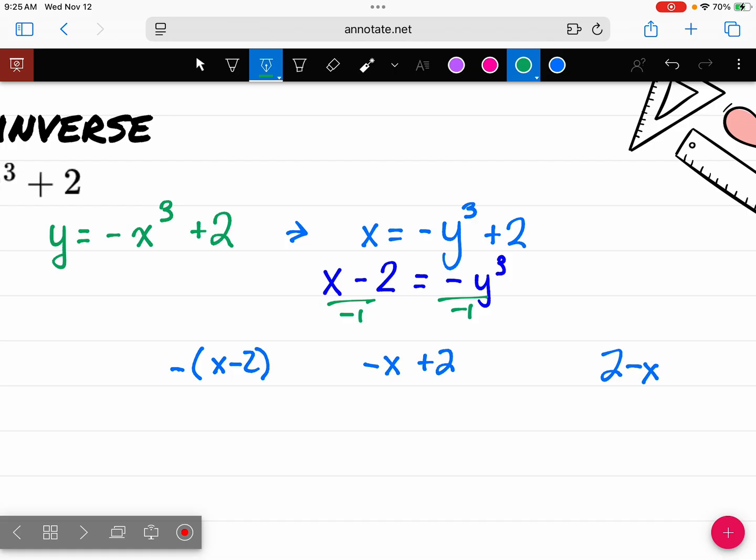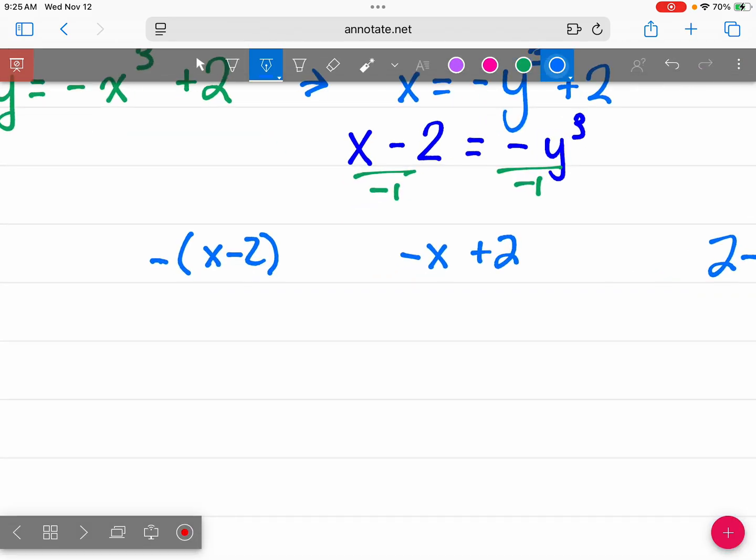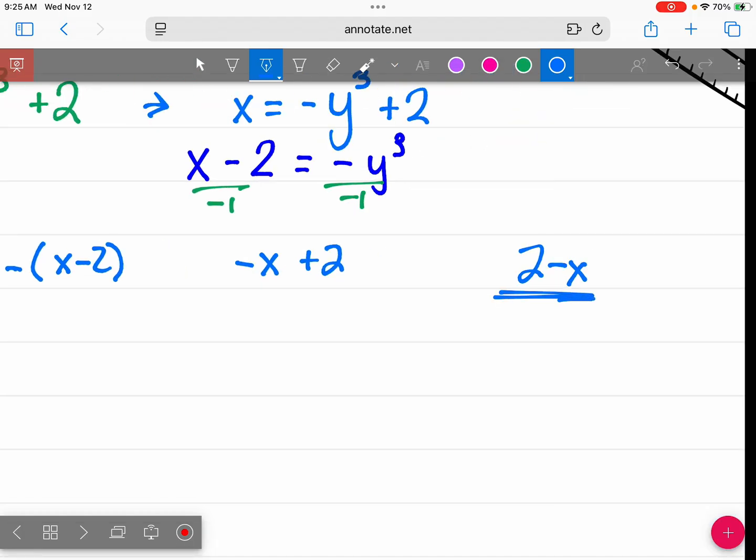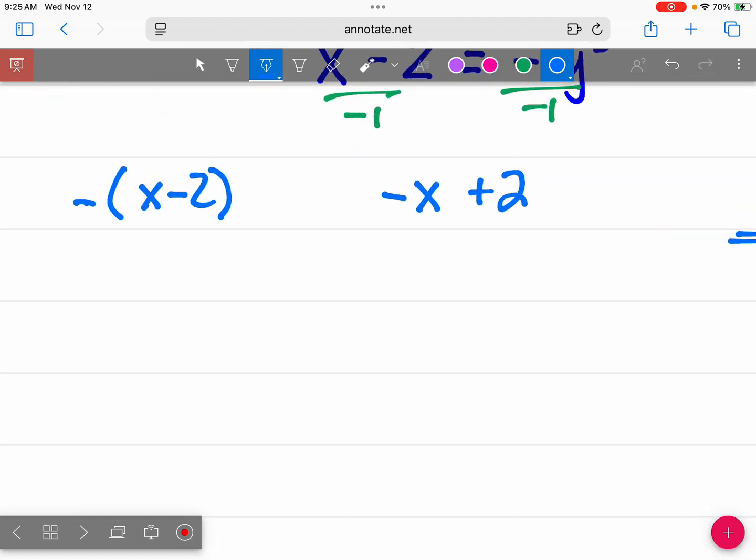It genuinely does not matter which option you use. I'm going to go ahead and put it as the 2 minus x, just because that's the least parenthesesy. So we have 2 minus x equals y cubed. I would 100% take any of these three options for 100% full credit. Totally fine. None of them are wrong. It's just whichever way your brain works better, go that way.